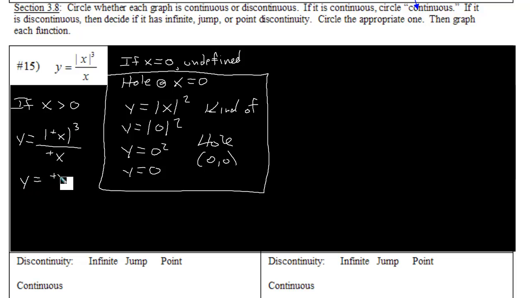I think you would agree that's a positive x. What's a positive number cubed? That's just going to be a positive number. What's a positive divided by a positive? It's a positive. What's x cubed divided by x? Well, it's x squared.